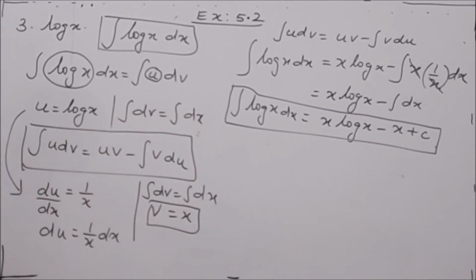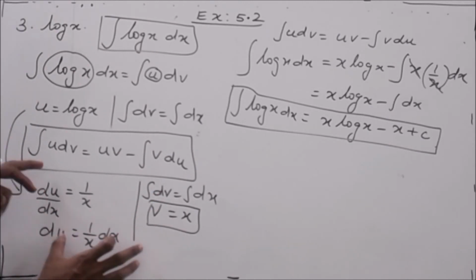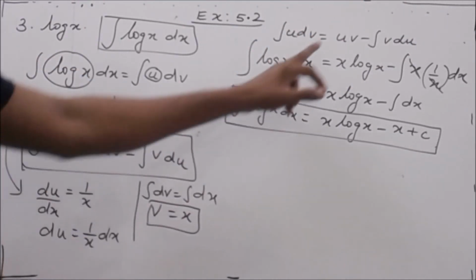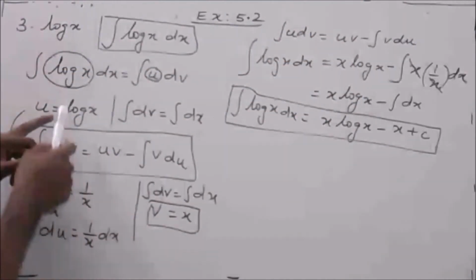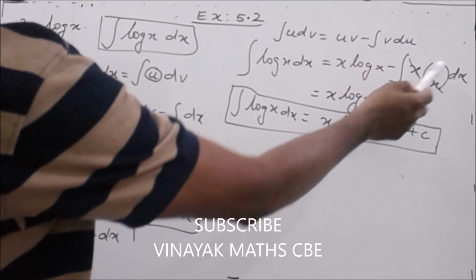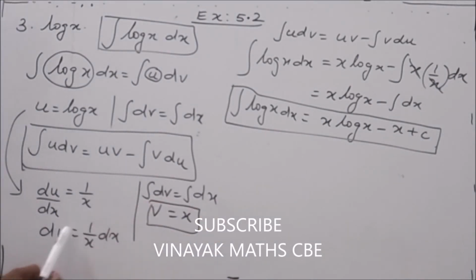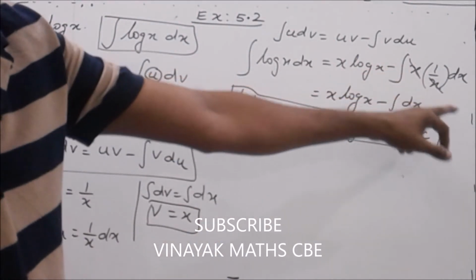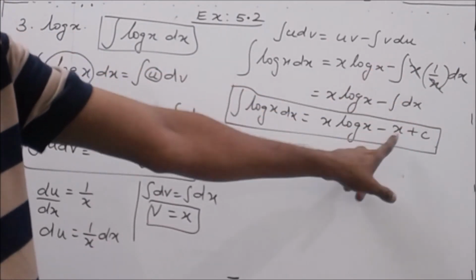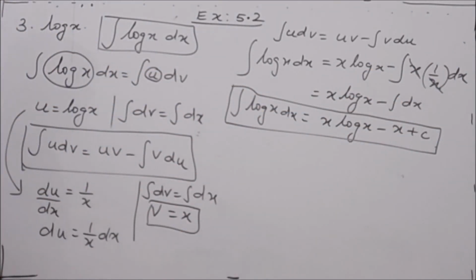The integral dv equals integral dx, which implies v equals x. Substituting in integral u dv equals uv minus integral v du: x log x minus x into 1 by x dx. Cancel these two x, so x log x minus integral dx, which becomes x. So x log x minus x, or you can take x as common: x into log x minus 1 plus c.